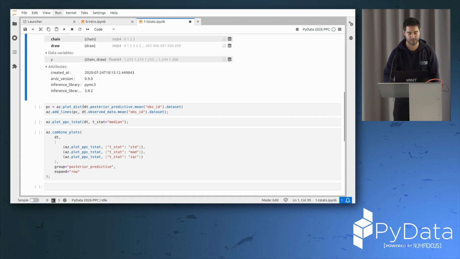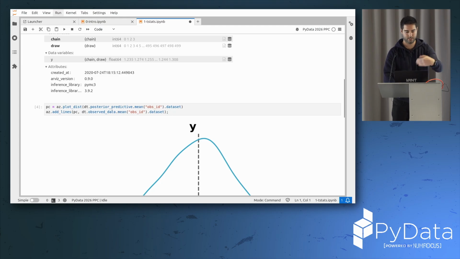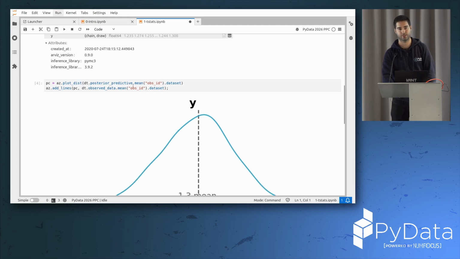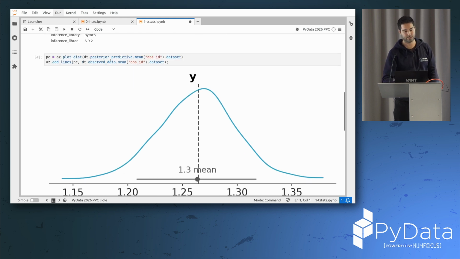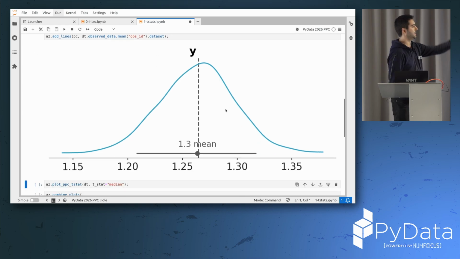So I can plot this manually. First I plot the distribution of these 2,000 mean values of my posterior predictive, and then I add a reference line for the mean over the observed data. And we can see that for this radon dataset, it matches quite well.